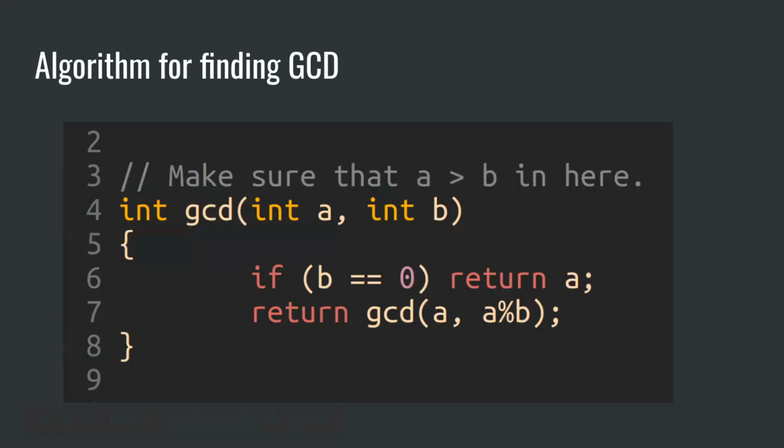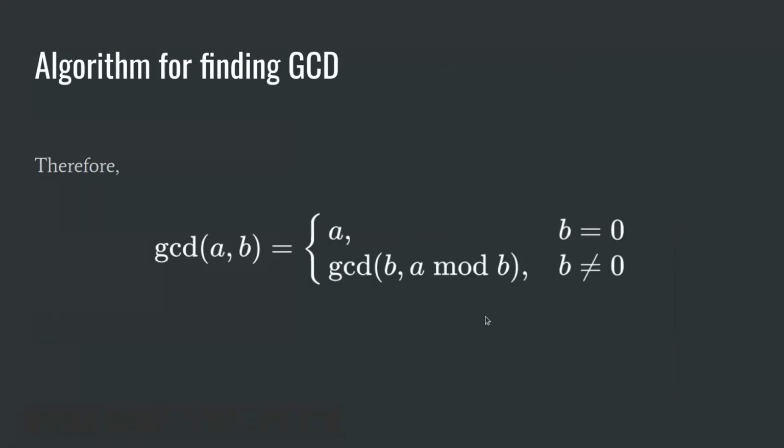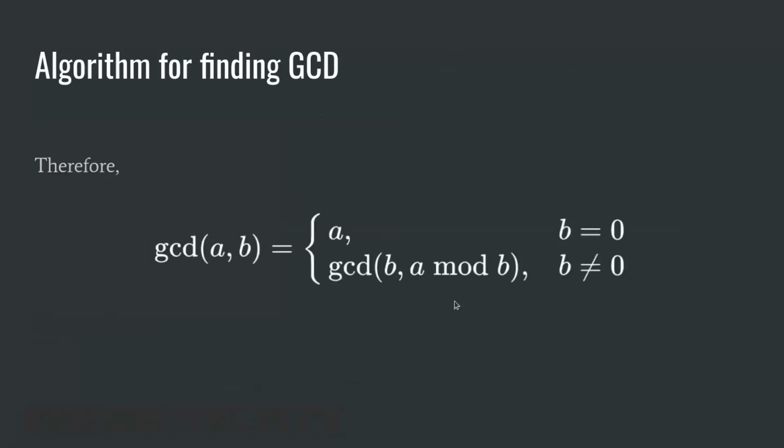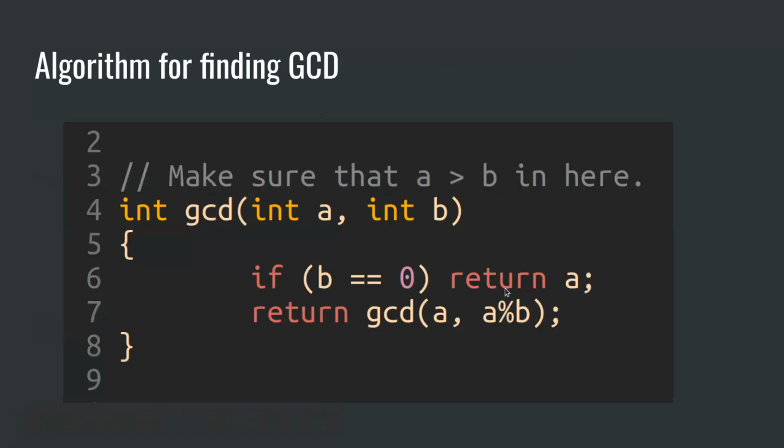And the coding up part would be rather quite simple. You can just input two numbers, like int A and int B. One thing that you have to make sure in this algorithm is that A is greater than B, because otherwise you cannot divide the smaller number by a greater number. That makes no sense. So you have to check that A is greater than B before starting this algorithm.